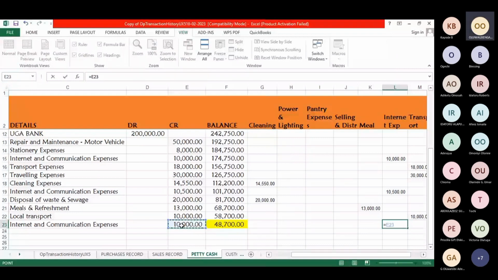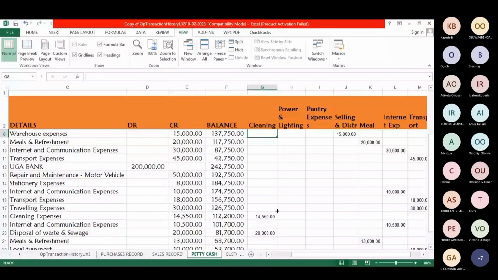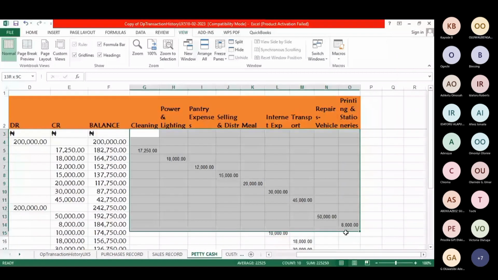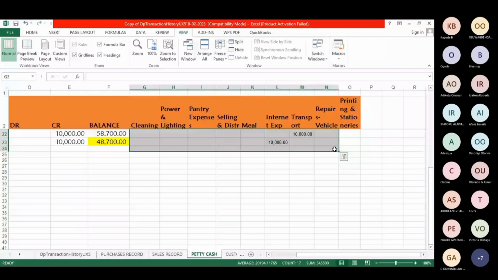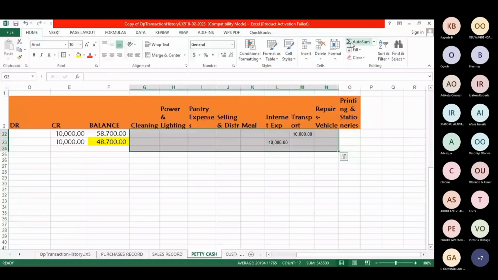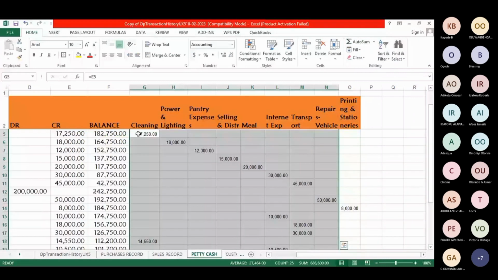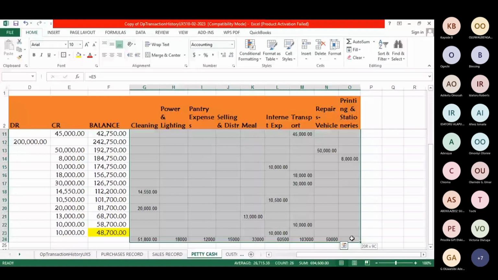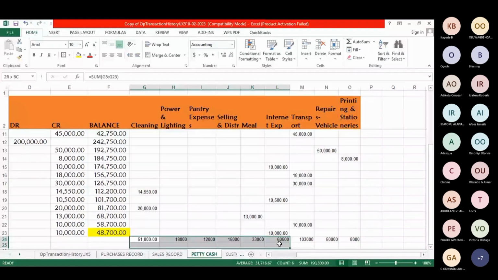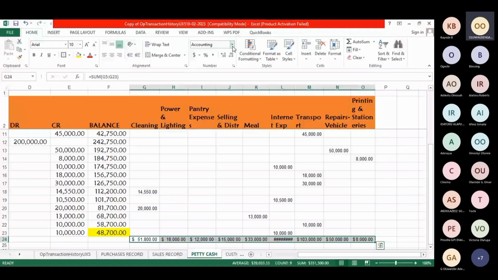So I'm done with the analysis of the petty cash. If I sum everything together, let's use this.